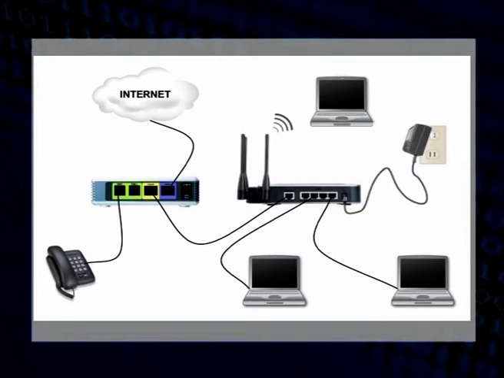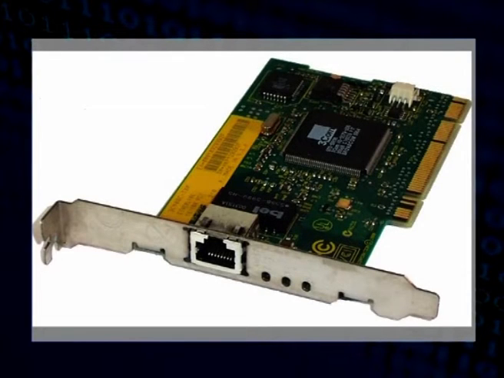These are also called nodes. For a node or any device to be connected to the LAN, interface hardware is needed for that particular device. This is known as an adapter. Networking adapters are referred to as network interface cards or NICs.